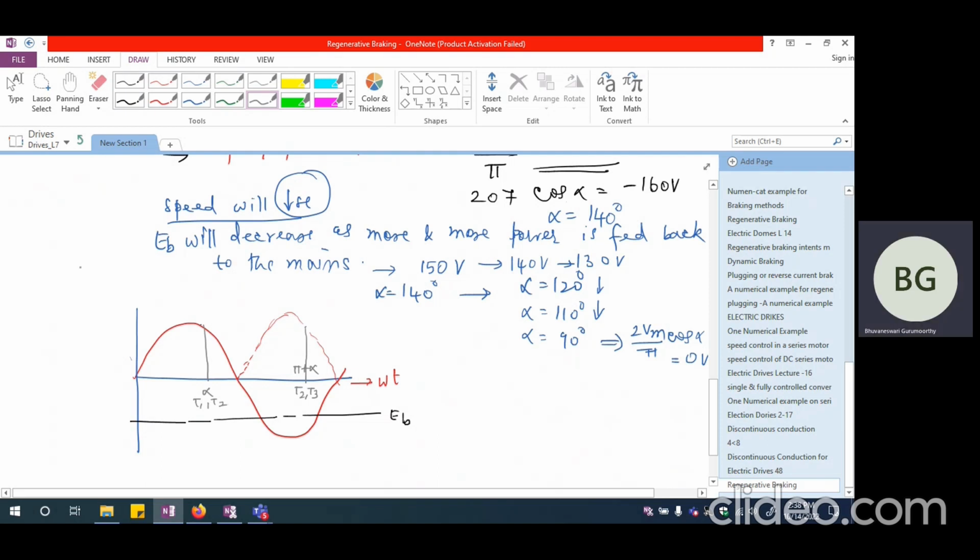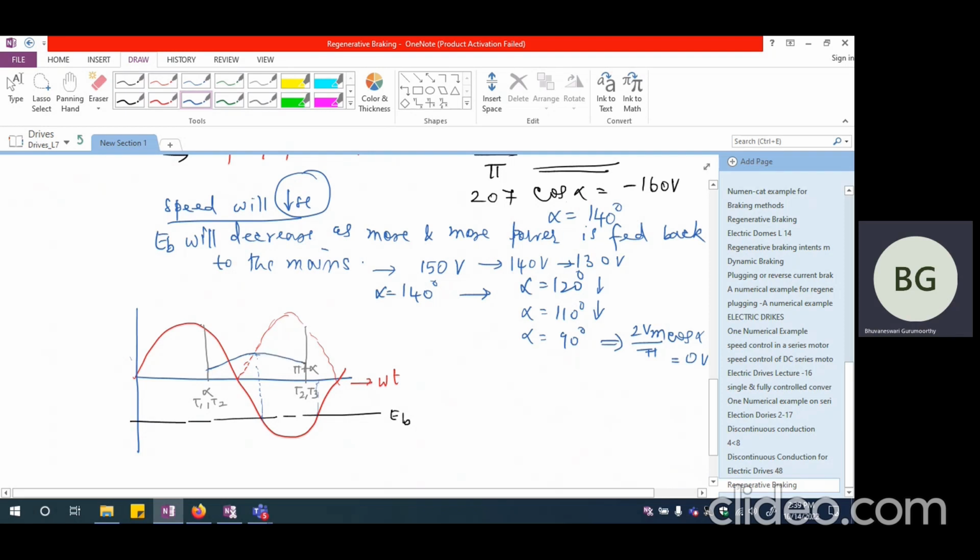So at this juncture, from this point until this point, you are having EB smaller as compared to VA. So we are going to have the current increasing until here. And after that, the current is going to fall, and it will fall until this point.